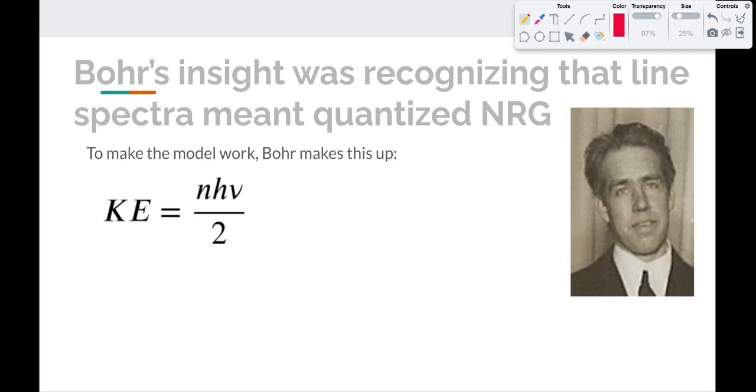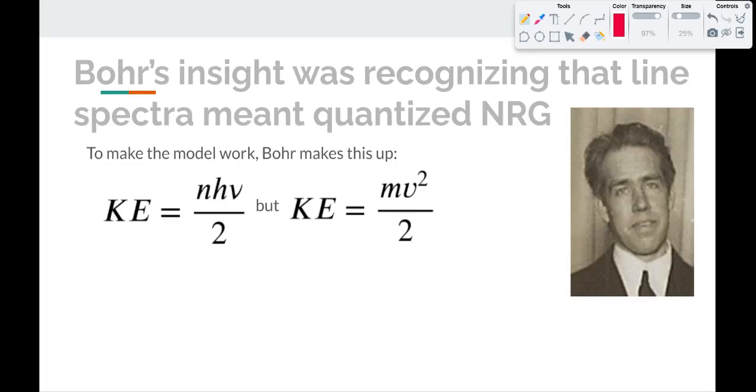So basically, Bohr just makes this up. He says that the kinetic energy that the particle is going to have is going to be equal to a number, n, a quantum number, 1, 2, 3, 4, 5, 6, 7, 8, up to infinity, but whole numbers only, times Planck's constant times frequency divided by 2. It's not completely true that he just made this up. He had good reasons for this to be a guess, but it was kind of arbitrary.